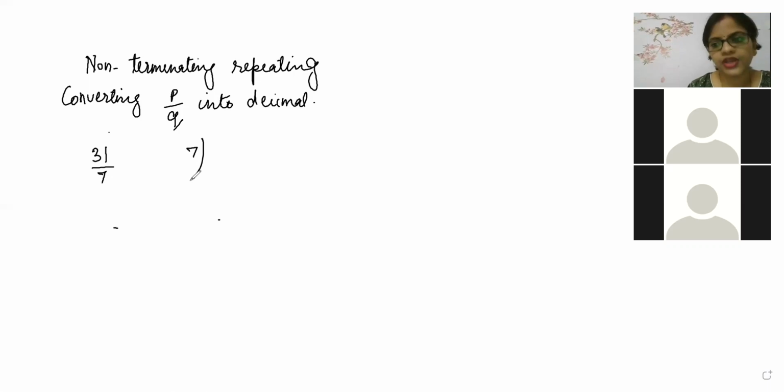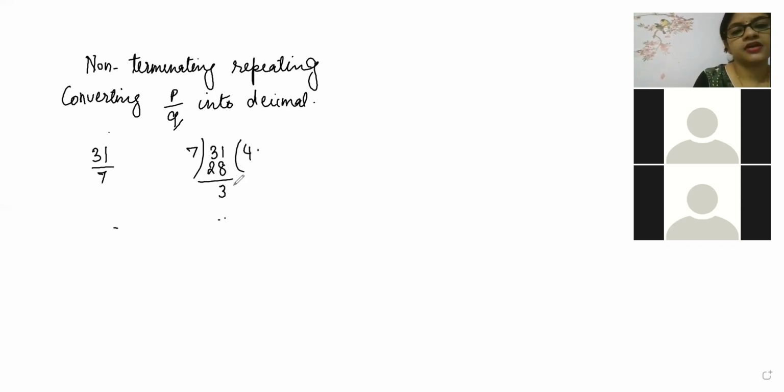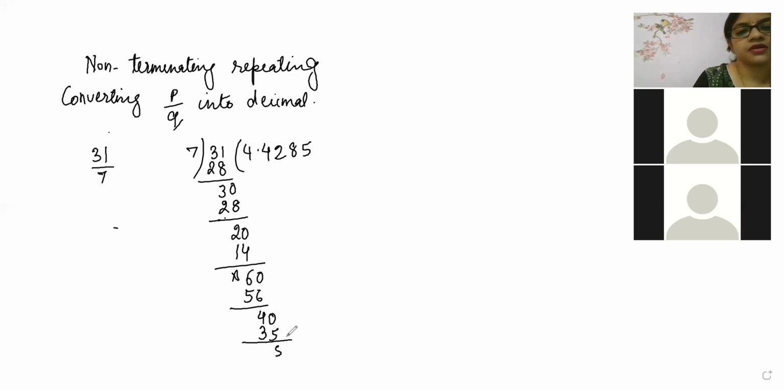See very nicely what you have to do. 7 4s are 28. 3. 7 2s are 14. 7 8s are 56. 7 5s are 35. 7 7s are 49.